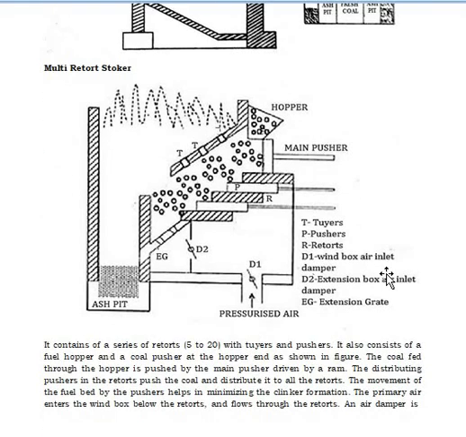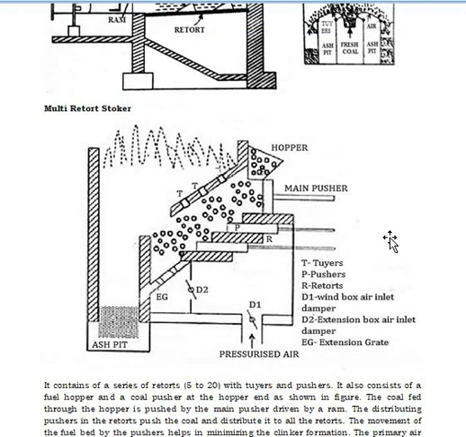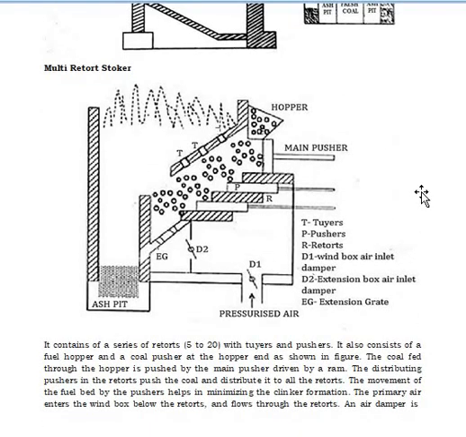Multi retort stokers contain a series of retorts with tuyeres and pushers. It also consists of a fuel hopper. You can see the fuel hopper here. Fuel hopper and coal pusher at the hopper end.